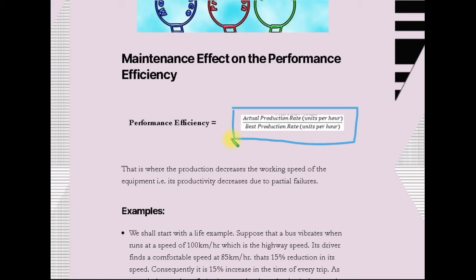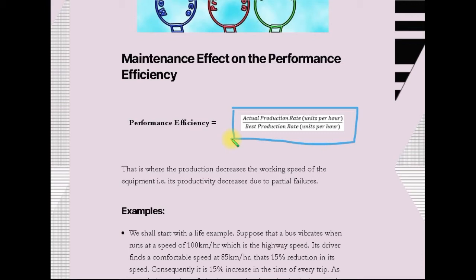So if you are producing at a lower rate because you don't need this amount of production in the market, it's even better to produce it in one day and then stop for 2 or 3 days, than to continue producing at a lower rate for 3 or 4 days. Okay, so that's the concept of the performance efficiency.